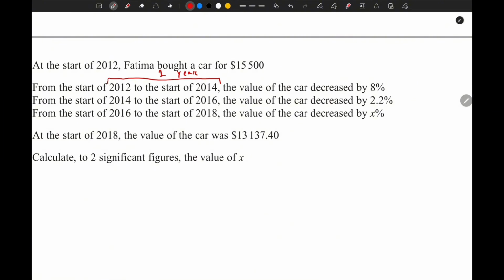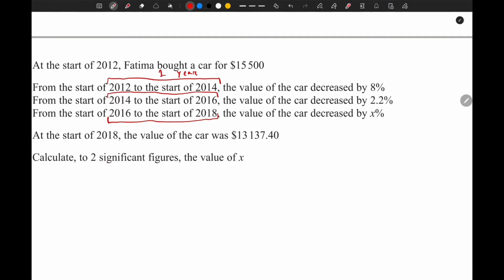Because if you count from 2012, it's 2013 and 2014 starts. So this is a span of 1 year. This is also a span of 1 year. And this is also a span of 1 year. If it said from the start of 2012 to the end of 2014, it would be a span of 2 years.